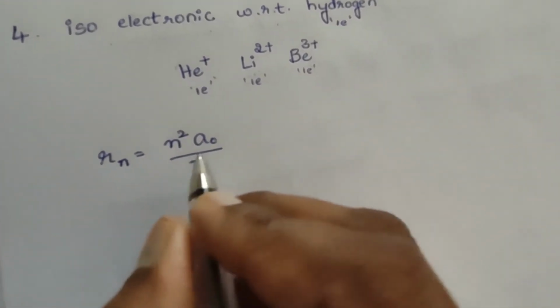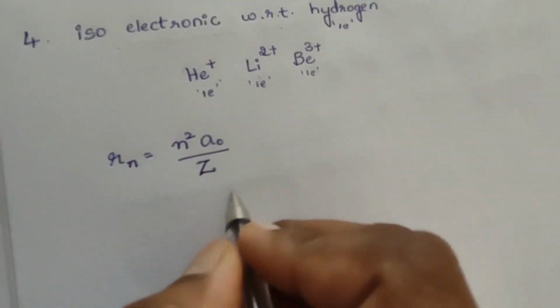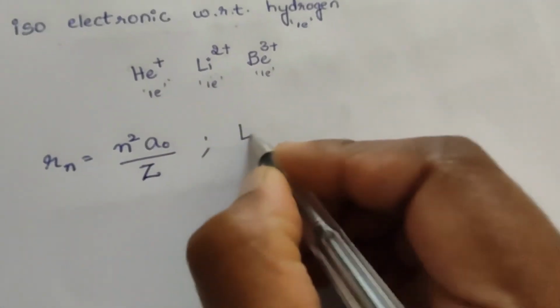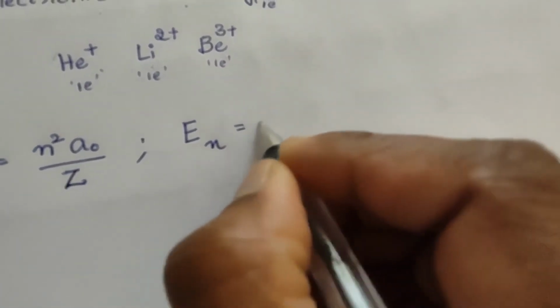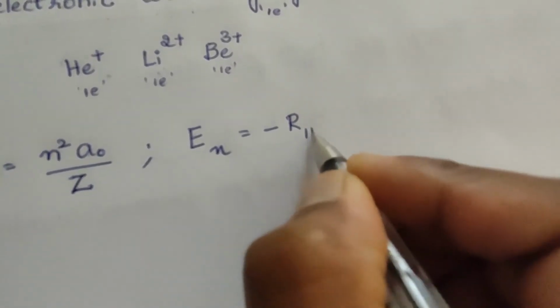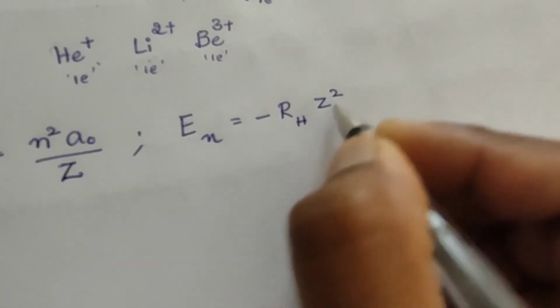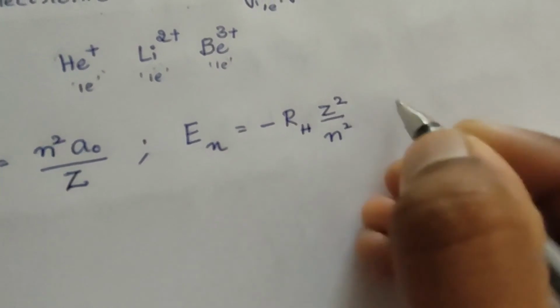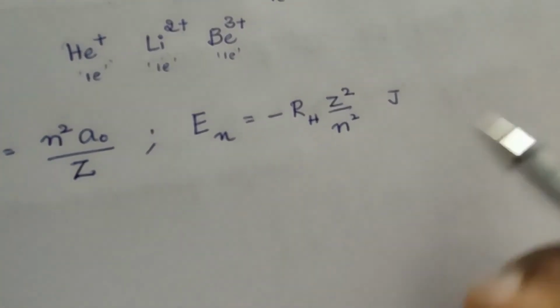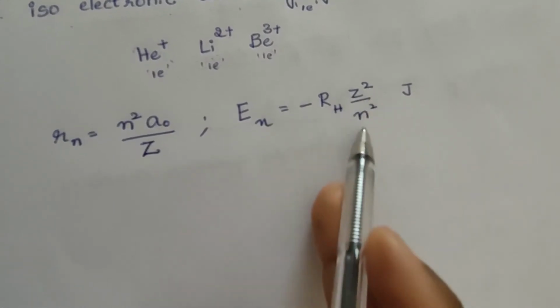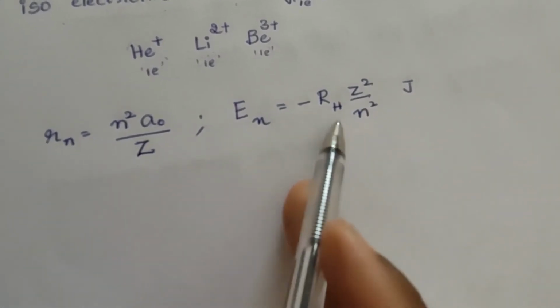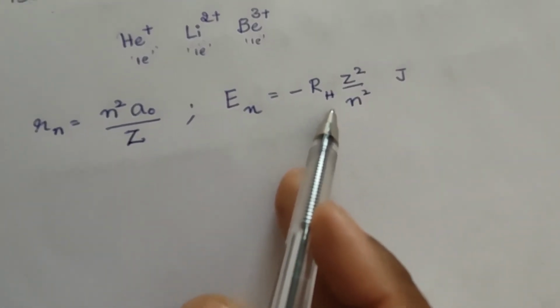Similarly, the energy of the electron present in a stationary state can be calculated using the formula En is equal to minus RH Z square by n square joules. Here Z is the atomic number, n is the principal quantum number, and RH is the Rydberg constant.